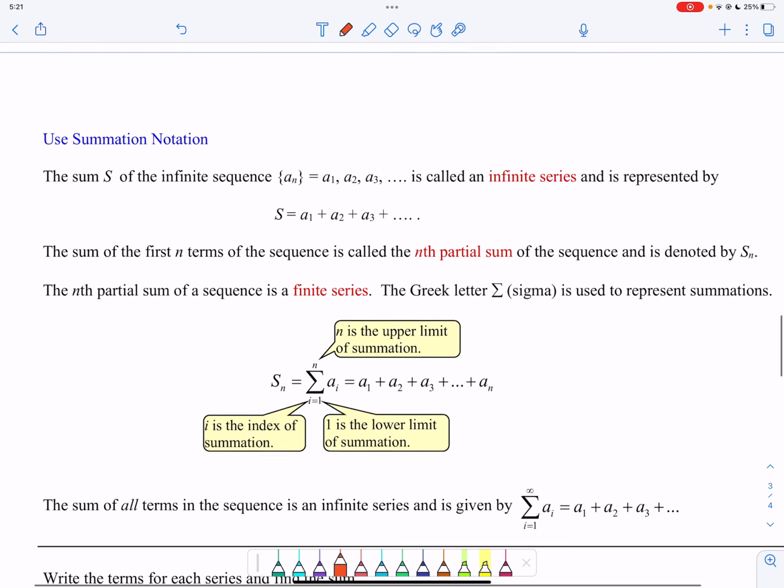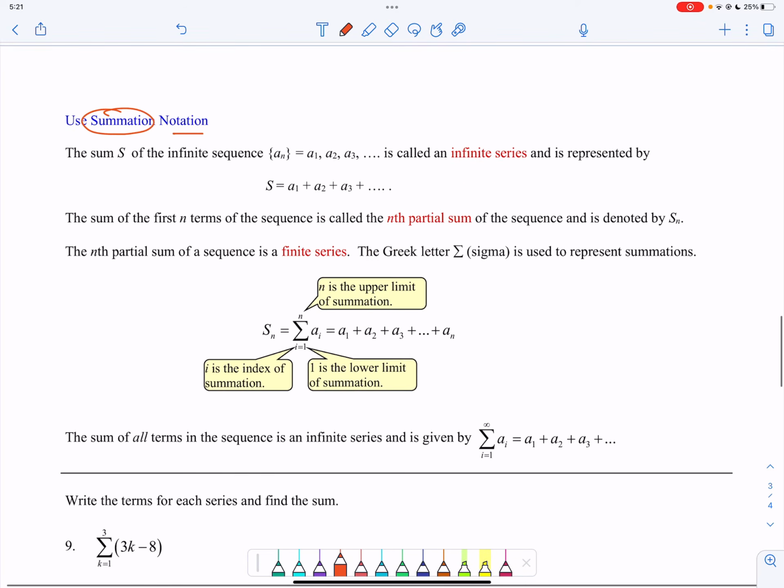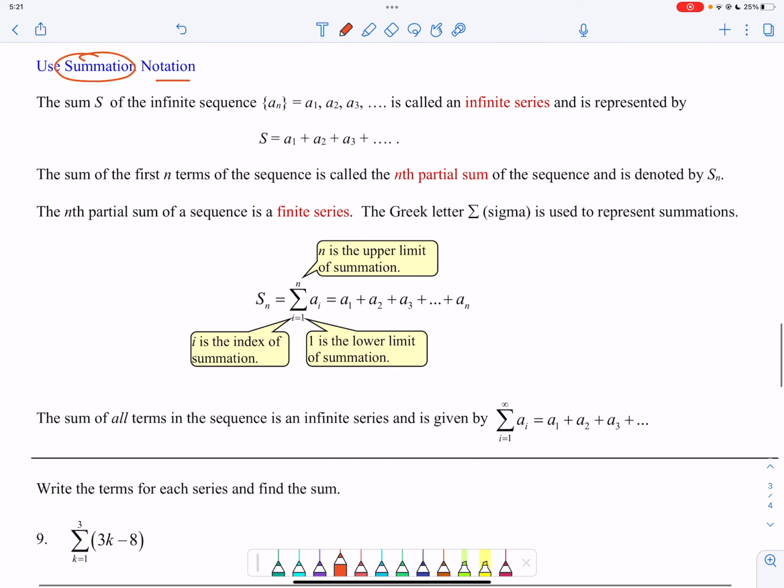Okay, now we'll begin with something we call summation notation. So let's take a look at this. The sum S of the infinite sequence. As you can see, it's an infinite sequence because we just have dot, dot, dot. It's just going to go on and on and on. It is called an infinite series and is represented by S equals A sub 1 plus A sub 2 plus A sub 3 and so forth.